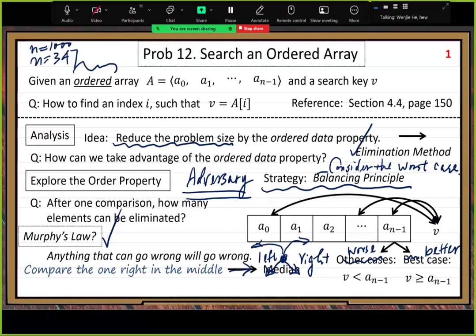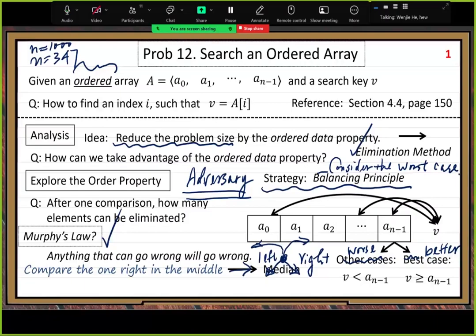Because sometimes students argue, you say we want to find the best algorithm, then we should target the best case, because in the best case we can get the best algorithm. Is it correct? No, it's not correct. The best algorithm means the fastest possible algorithm targeting the worst case.